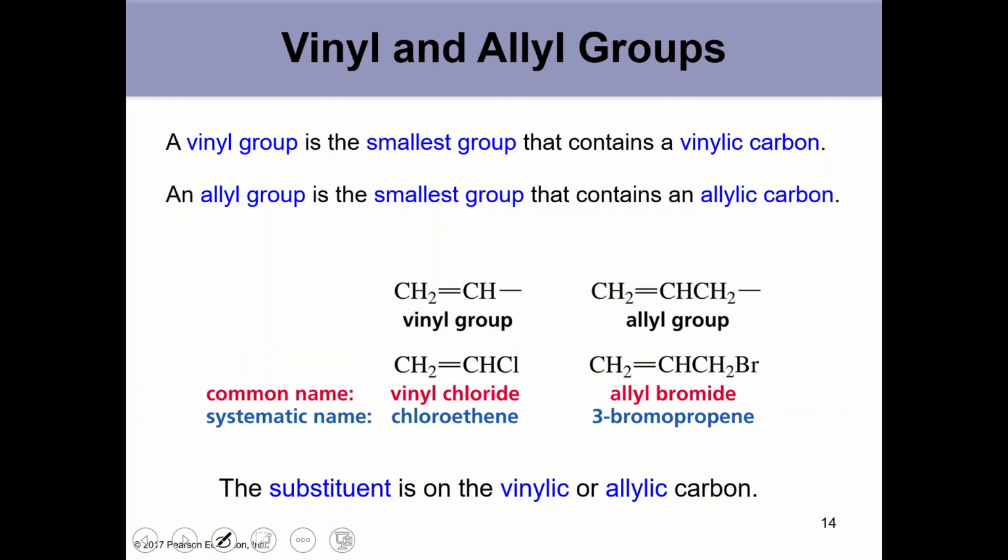Vinyl and allyl groups. A vinyl group is the smallest group that contains a vinylic carbon. An allylic group is the smallest group that contains an allylic carbon. This terminology is used for common names, and we are not going to be using common names.